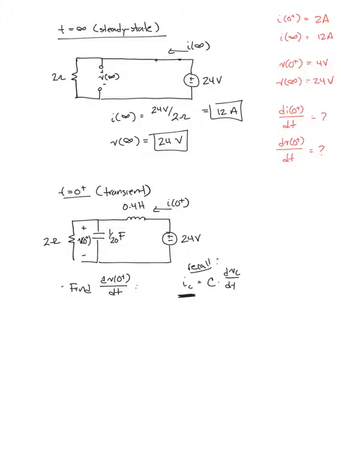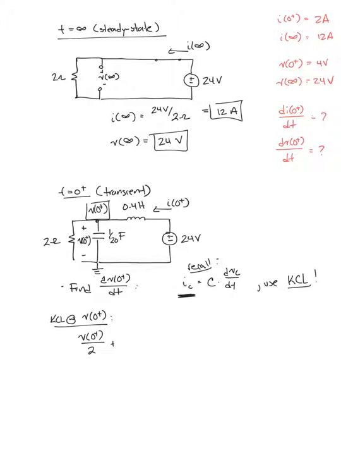Currents appear with KCL, so we're going to use a KCL expression in order to describe the currents through each of our branches in order to get the dV term. So KCL at, if I define the bottom node as ground, this top node becomes V0 plus. I'm going to do a KCL at V0 plus. So the current through the 2 ohm resistor is V0 plus minus 0 over 2.